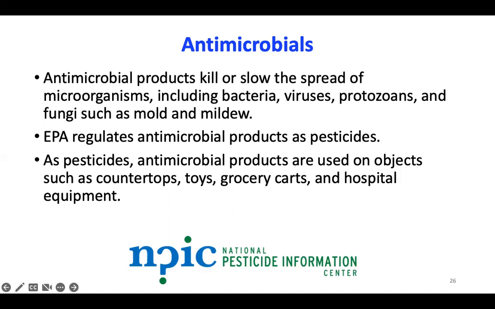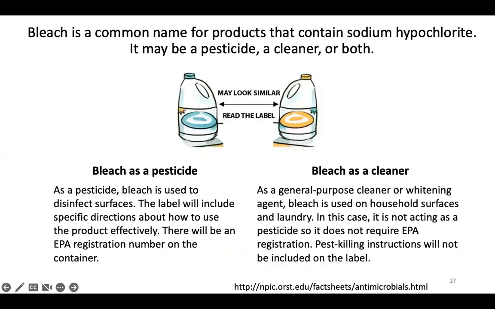They are used on objects such as countertops, toys, grocery carts, and hospital equipment. Always read the label, which has detailed instructions on exactly how to use those antimicrobial products because they are considered pesticides. So read the label. The label is the law when you are dealing with pesticides.